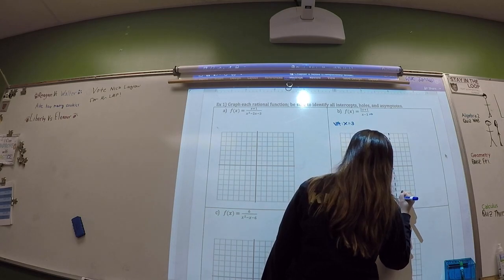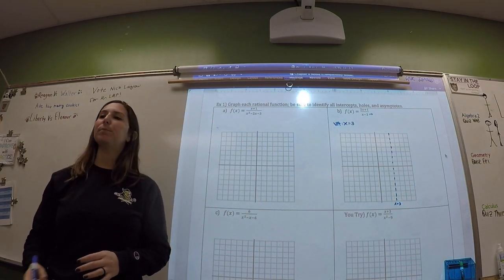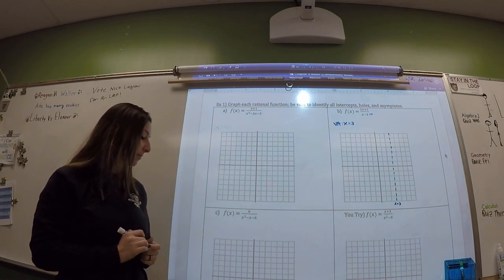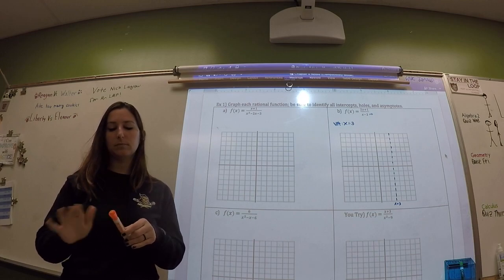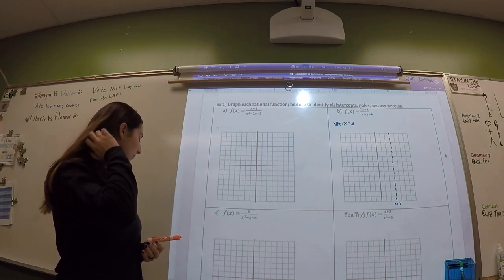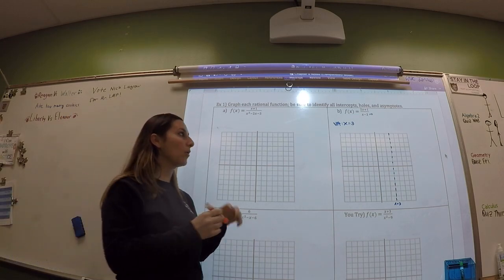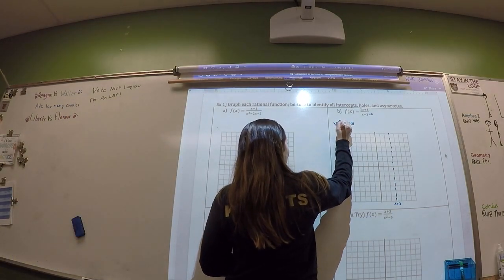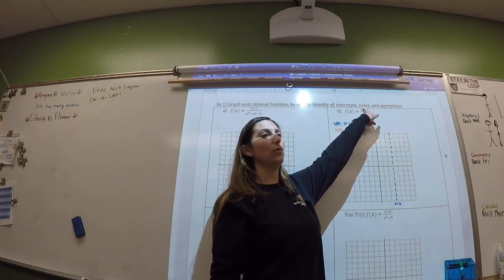Do we set the top equal to 0 for the horizontal asymptote? No, read your steps. Top heavy, bottom heavy, they're the same. For horizontal asymptotes, you are checking the degree of the numerator and the degree of the denominator.